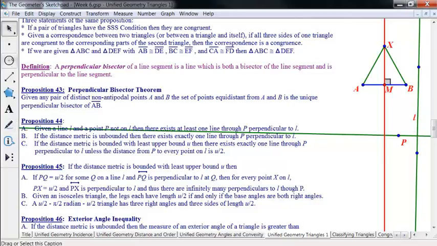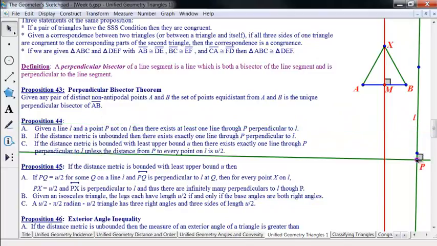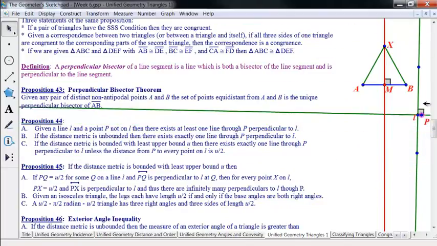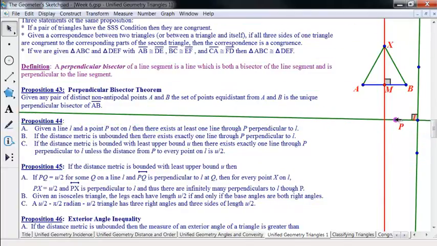I need a point there first, and so that's a right angle. It doesn't matter where that point is, not on the line. I'm sorry, it says there's at least one perpendicular there.